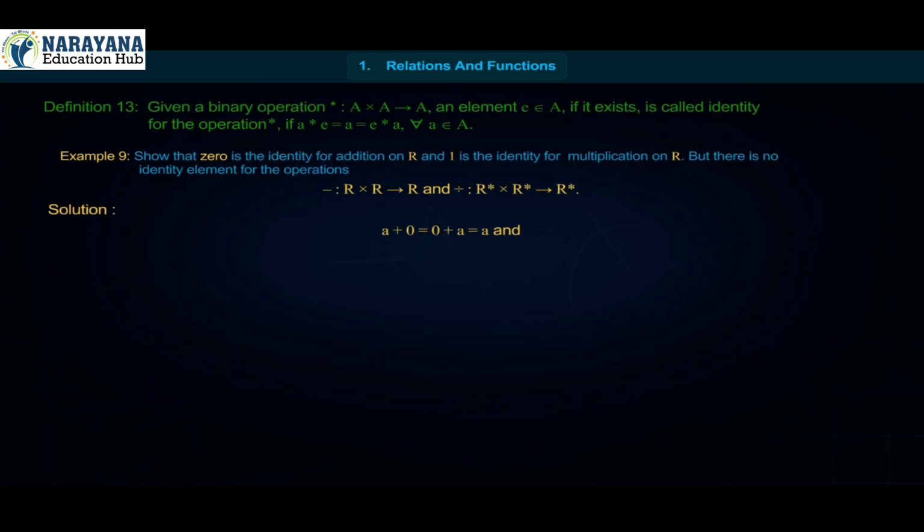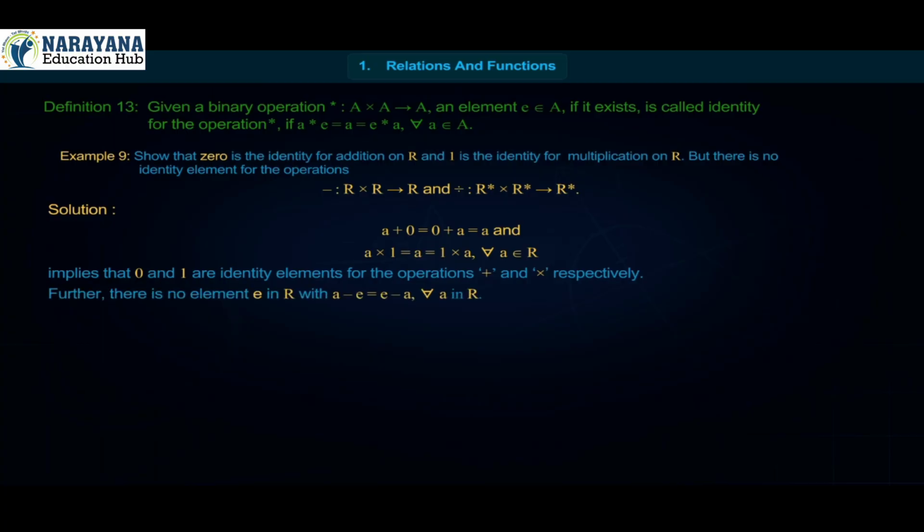Solution: a + 0 = 0 + a = a, and a × 1 = a = 1 × a for all a belonging to R, implies that 0 and 1 are identity elements for the operations addition and multiplication respectively.